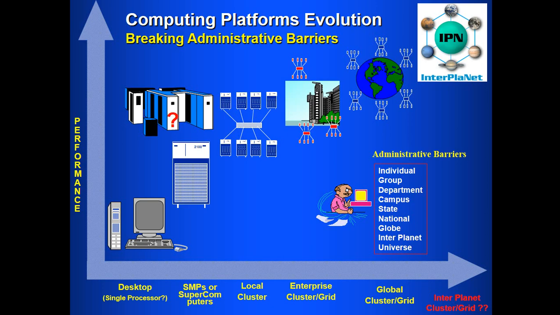Each node of an enterprise cluster can be a cluster. The global cluster envelopes geographically around the world, and finally I can say the interplanet cluster is ideal for platform development.